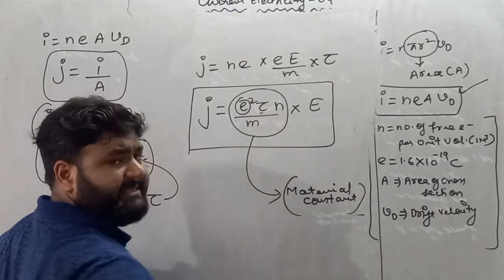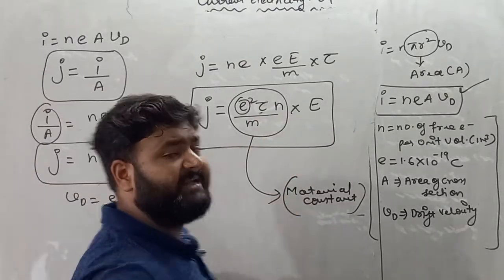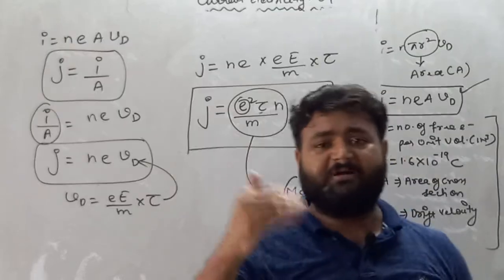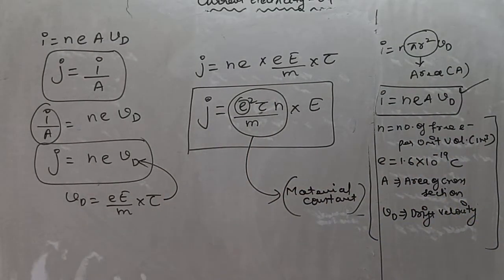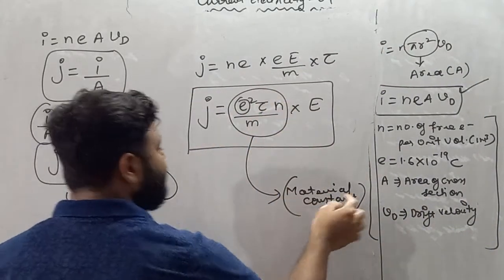For different materials, the number of free electrons per unit volume is different, and tau is relaxation time. For different materials, the collision time must be different. So these terms are nothing but material constants.